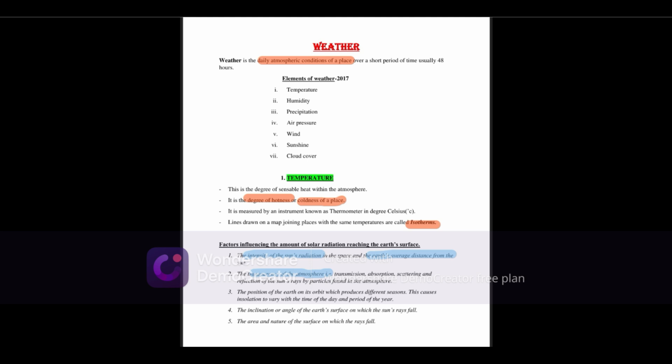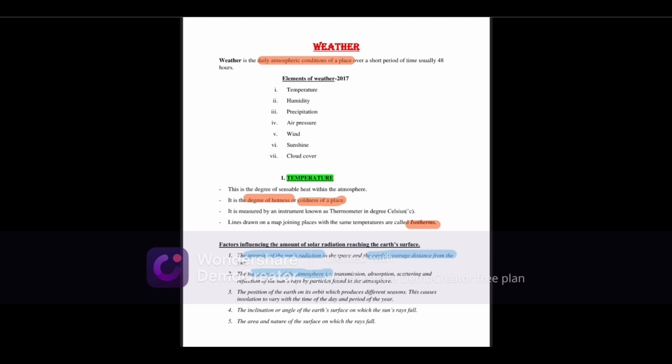If you look at the solar system, under the revolution of the earth, that is where we meet the seasons. Another thing is the inclination, or the angle of the earth's surface on which the sun's rays fall.